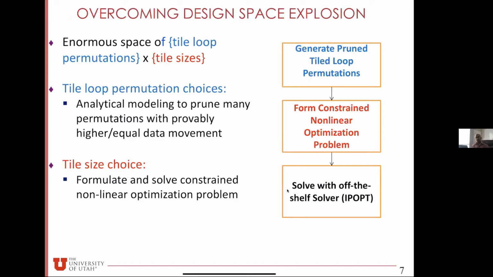Contrarily, a large majority of the cases can be pruned away because they can be provably shown to have higher or equal data movement than the ones that we retain.